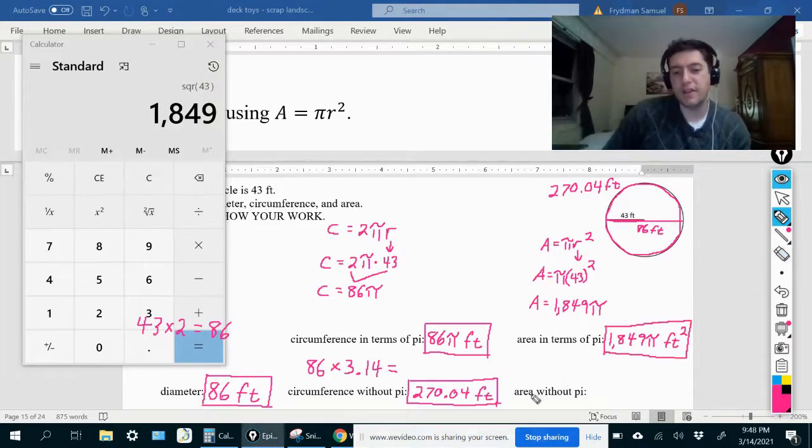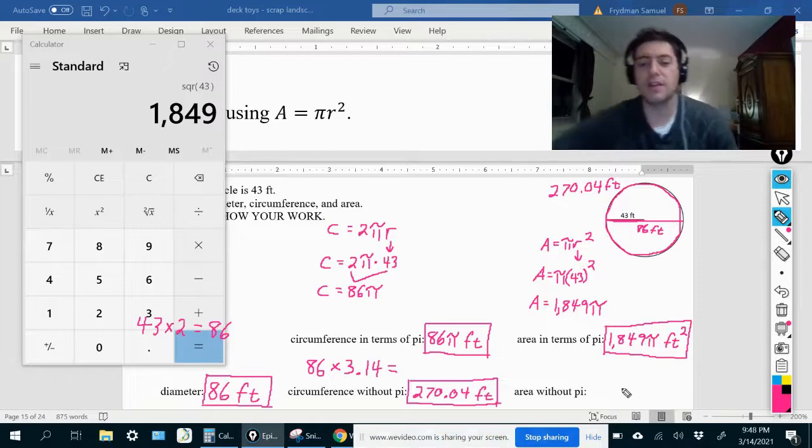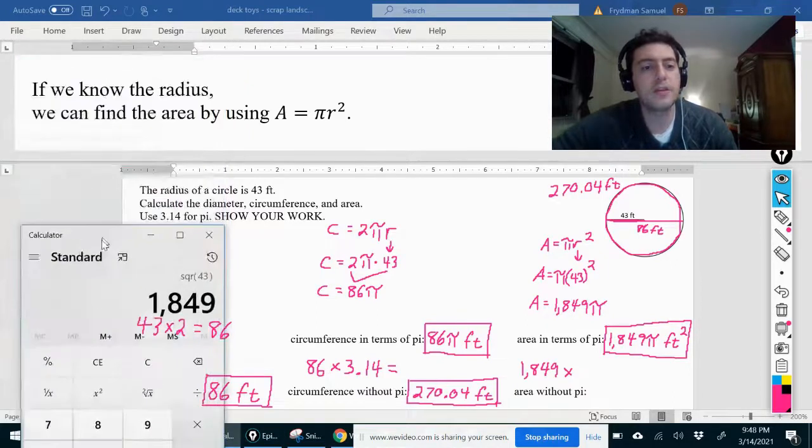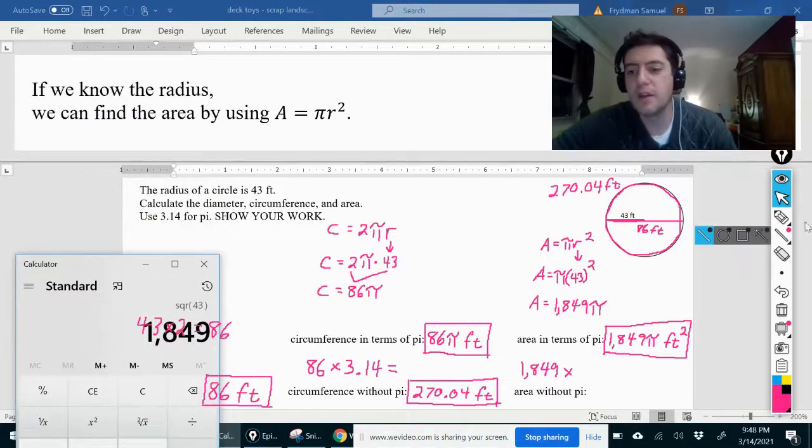Okay, and now let's find the area without pi. So now we want to write the answer without keeping the pi in there like that. So once again, it's very simple. We're just going to take these two numbers and multiply them together, except we're going to be using an approximation for pi. Over here I said to use 3.14, right?